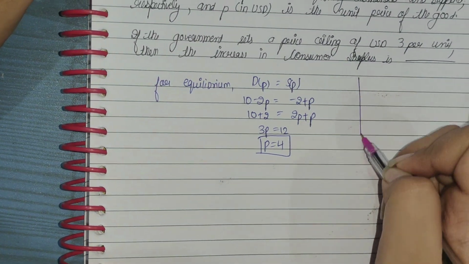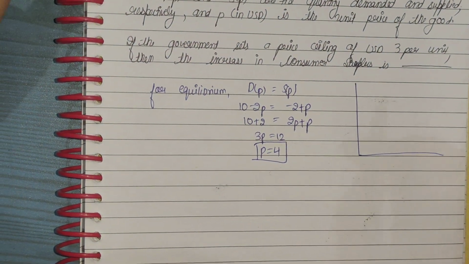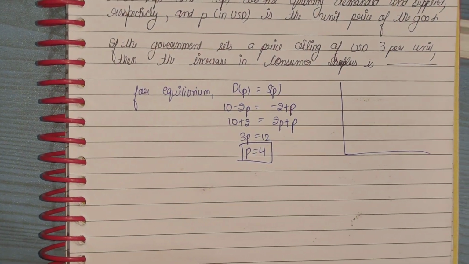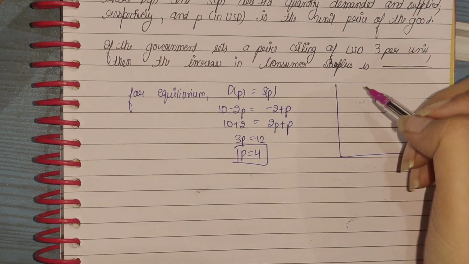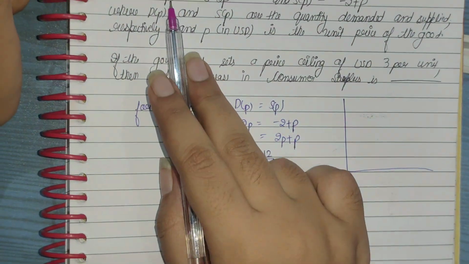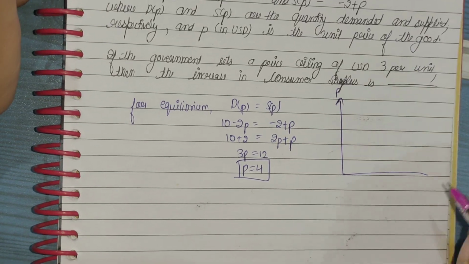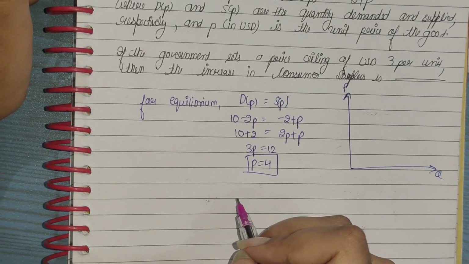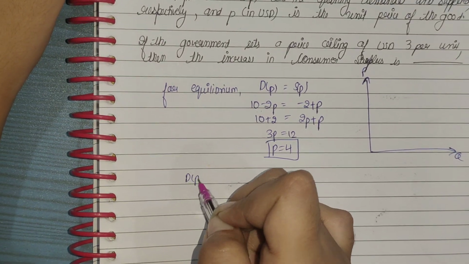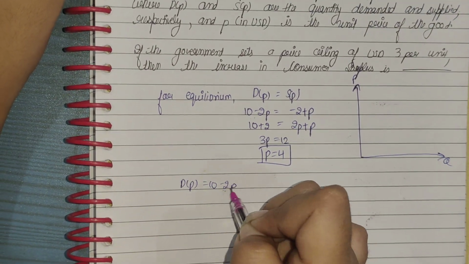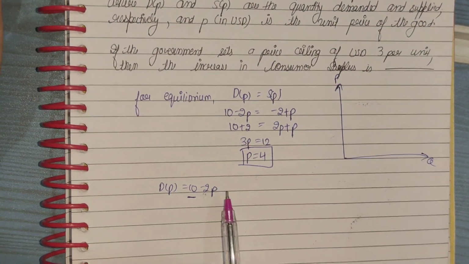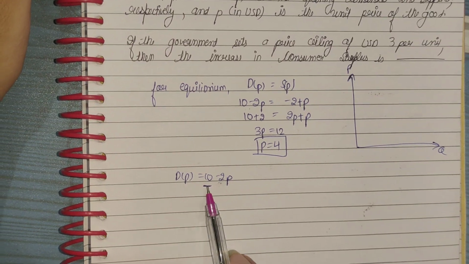Now we have to draw the demand curve and supply curve. Basically we have to find the consumer surplus, so there is no need of supply curve as such. Here we have price and here we have quantity, and the demand function we have is 10 minus 2p. If price is 0 then the quantity demanded will be 10.